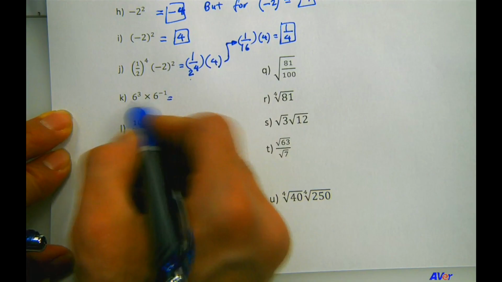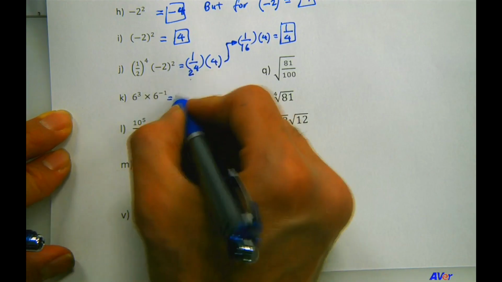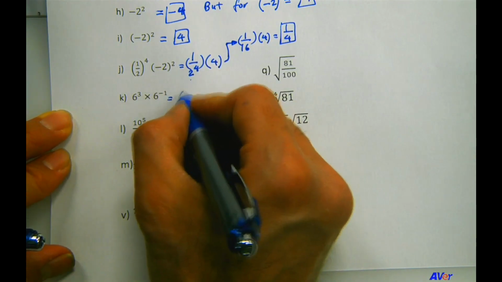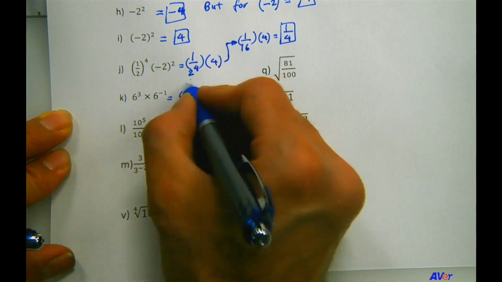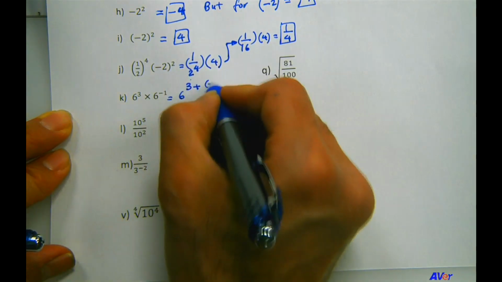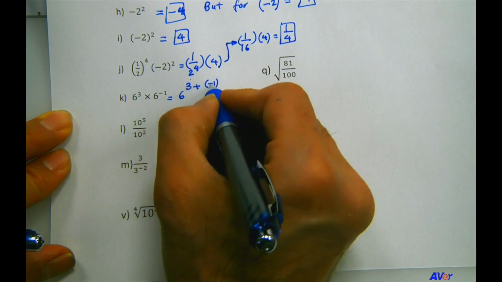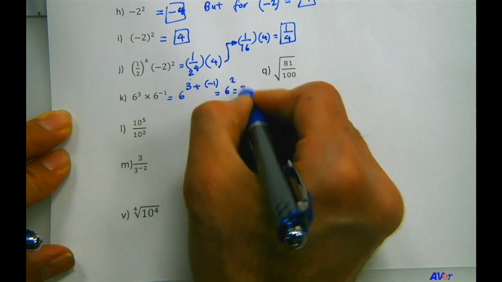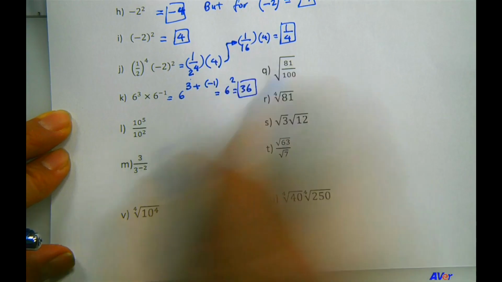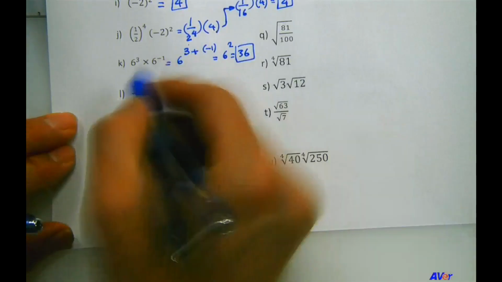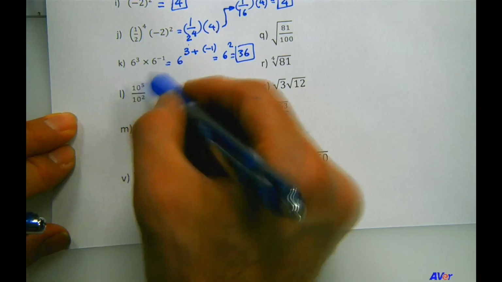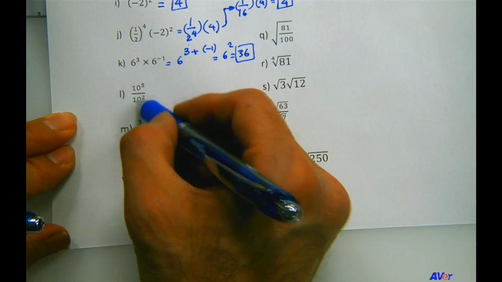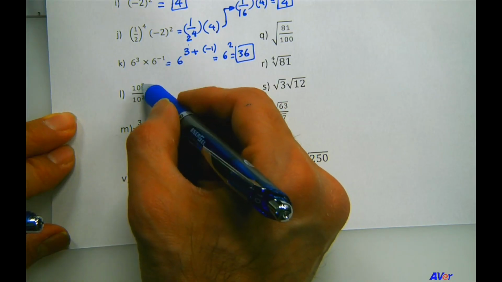Here, the bases are the same, the powers are different. So we can add the powers because the bases are the same. So 3 plus -1. 3 minus 1 is 2. So 6 squared or 36. This is a fraction with a numerator and denominator that have the same base raised to different powers.